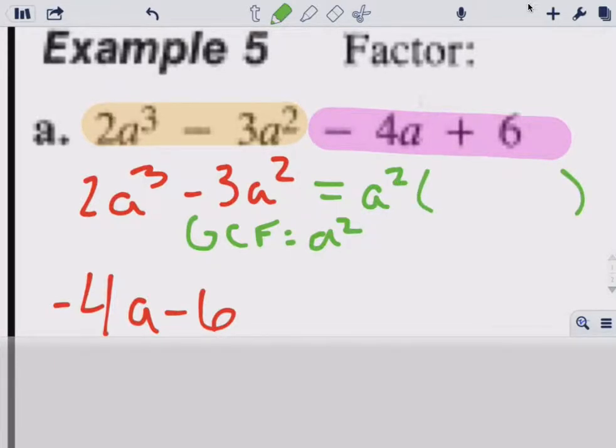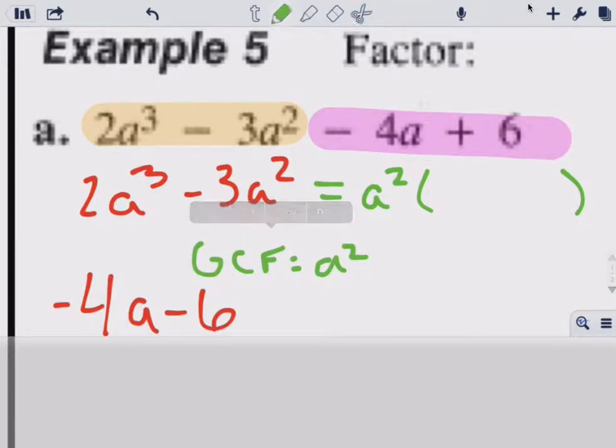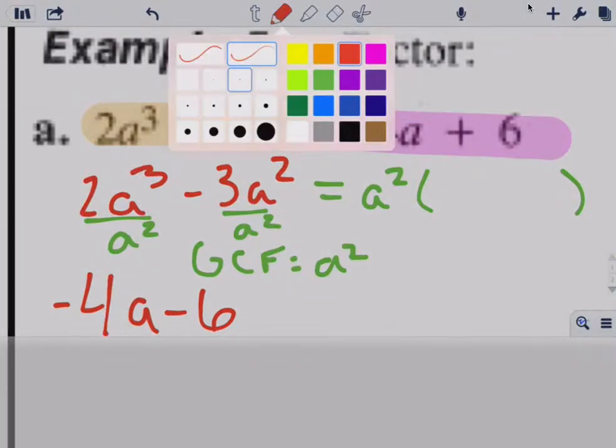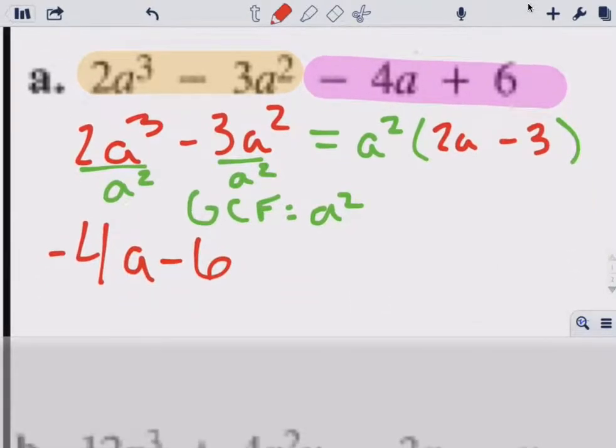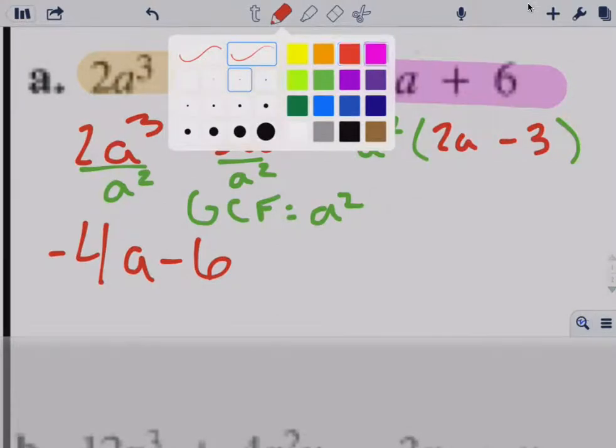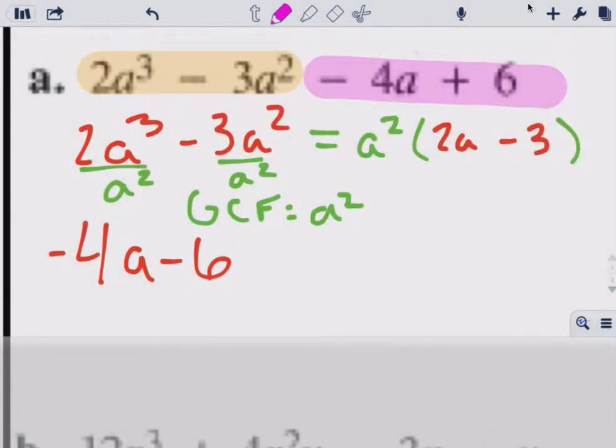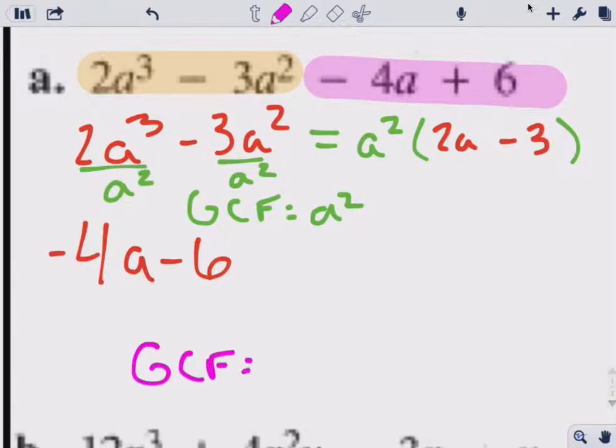If I pull out an a squared from 2a cubed, essentially what I'm doing is dividing each piece by a squared. So when I do that, I'm going to end up with 2a minus 3. That's the first part. For the second one, I'm going to look at what my GCF is on the second piece, and this one is a negative 2.